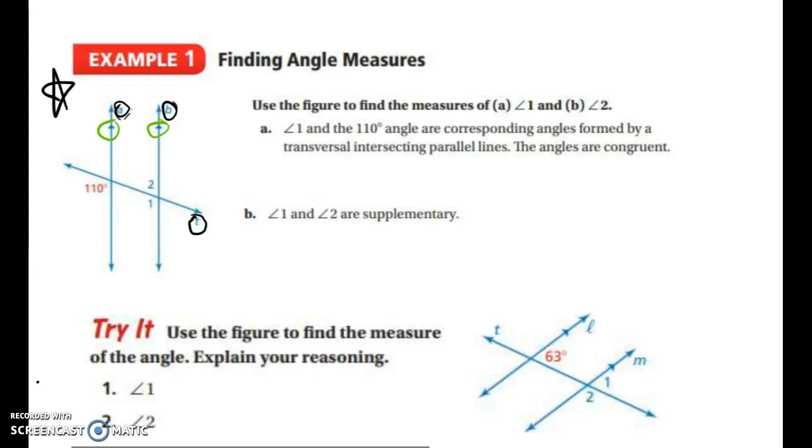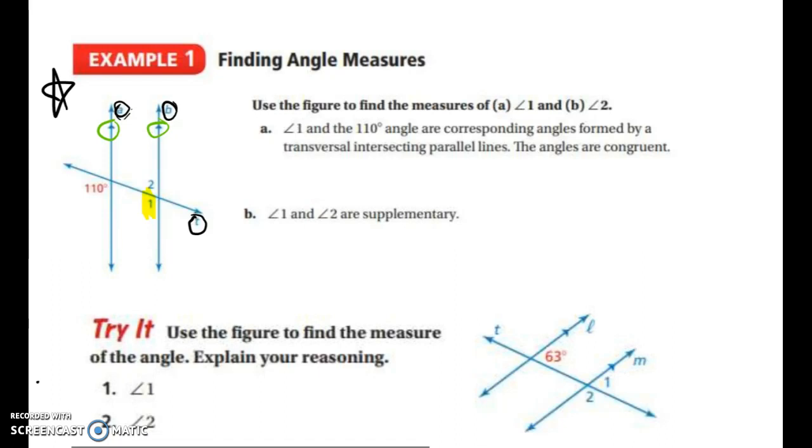It says that angle 1, which is right here, and it's angle 1, not the measure of the angle. So this is not 1 degree. We are looking at this angle to try to determine the measurement of it. When they say angle 1, it's just saying where on the figure we are looking.